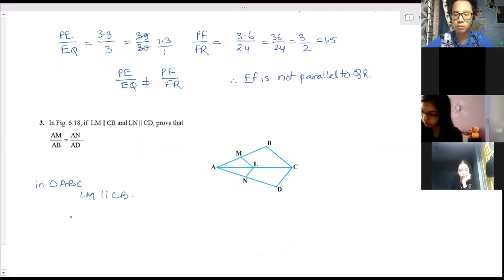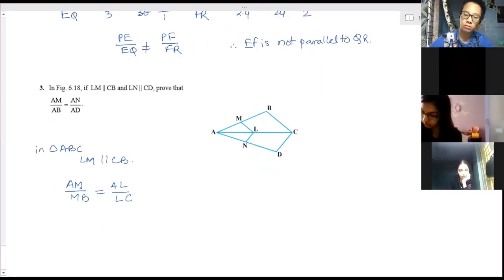So by using BPT, we get AM by MB is equal to AL by LC. But we need AM by AB, the full side. For that, first write this one. That is BPT.